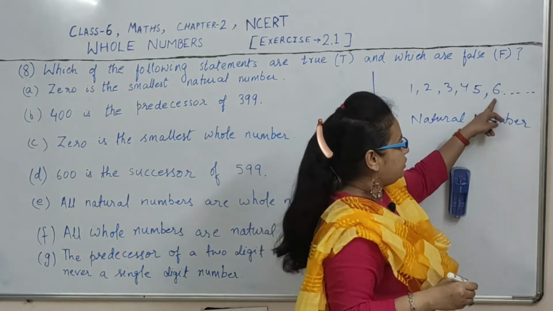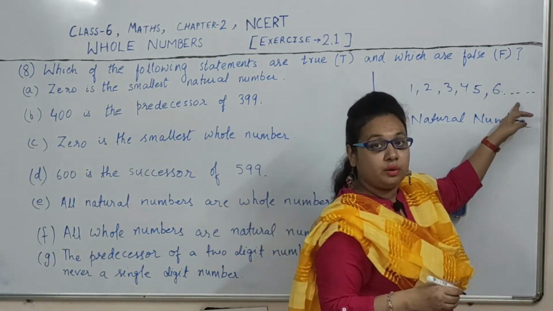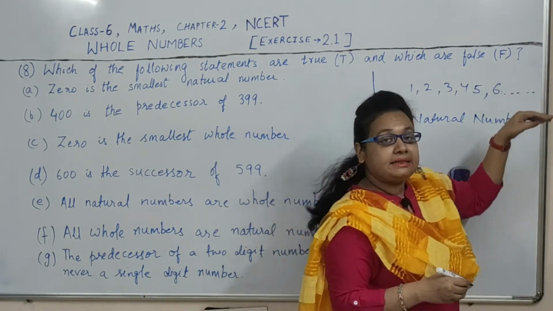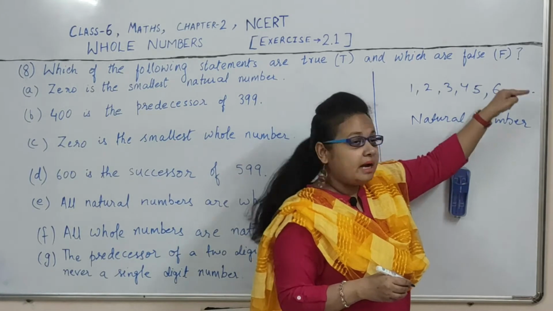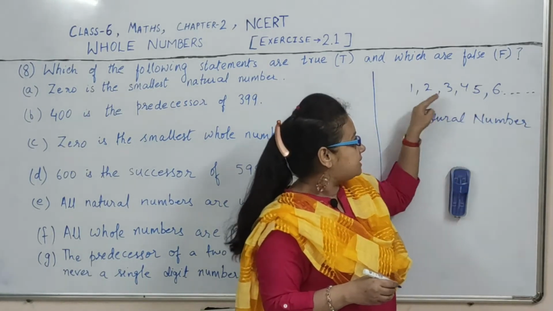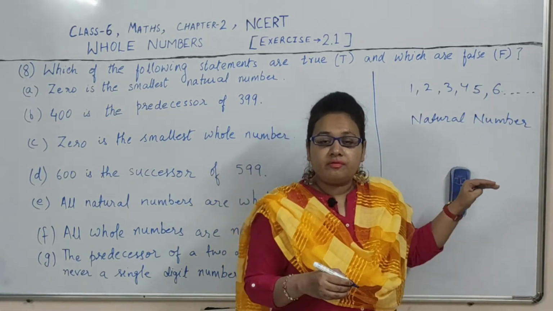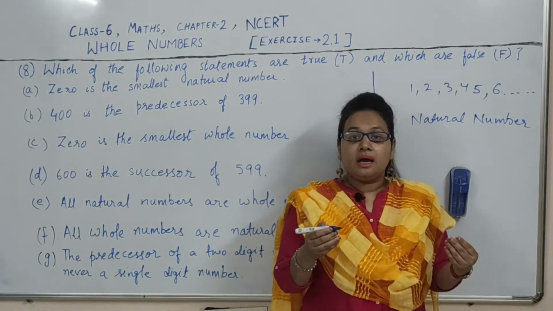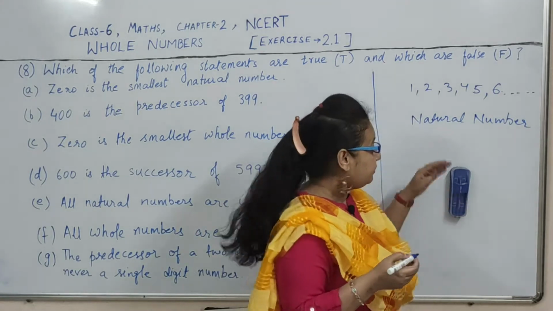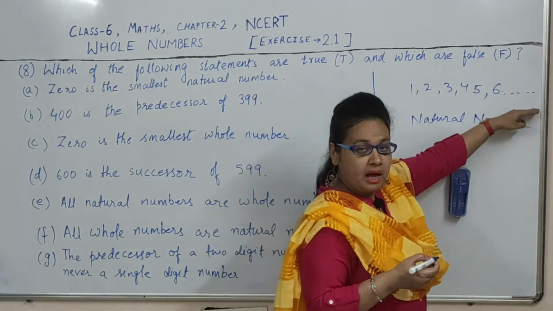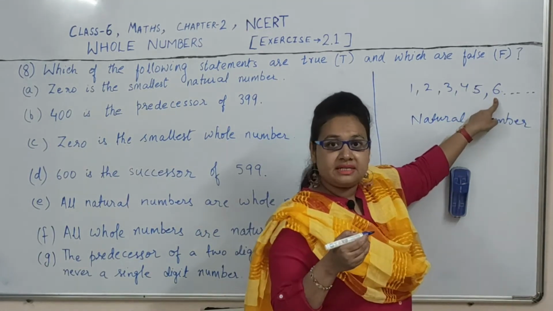If we go on adding 1 to the previous number, we can get the next number. So this collection of numbers will not have any end. It will go on endlessly.